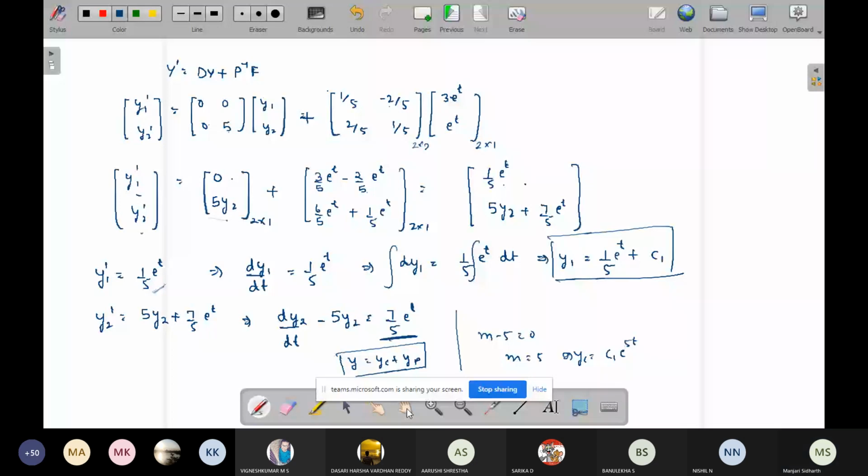Now, because you can use the method of undetermined coefficients, right? The RHS is e power t and no part of the RHS appears in yc. That means let us assume yp is a e power 5t, sorry, a e power t, because the RHS is this.